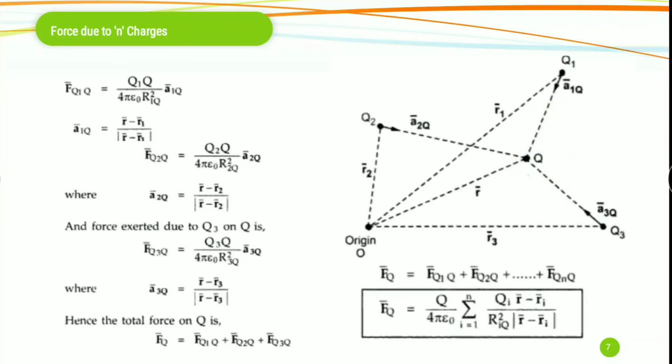Simply we can write it as Q by 4 pi epsilon naught sigma i equal to 1 to n Qi R bar minus Ri bar by R square iQ mod R bar minus Ri bar. So this is the force formula due to n charges.